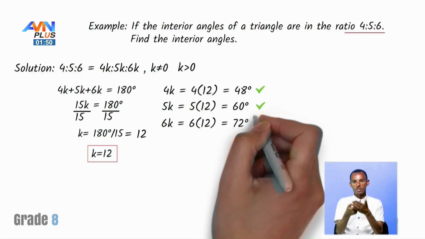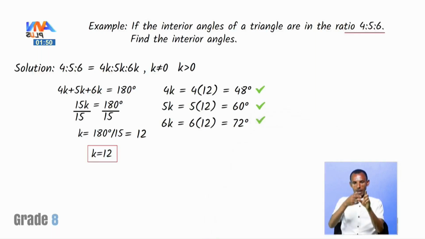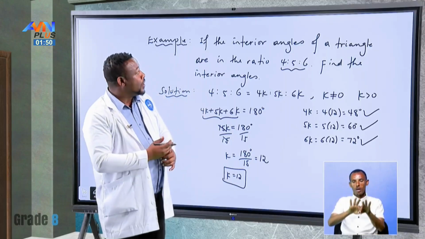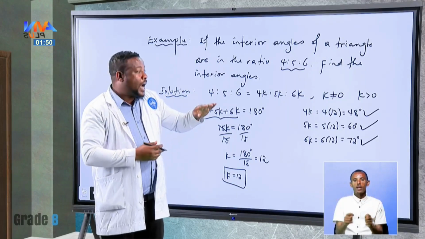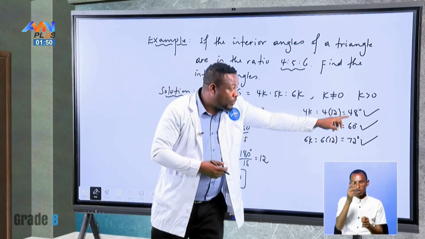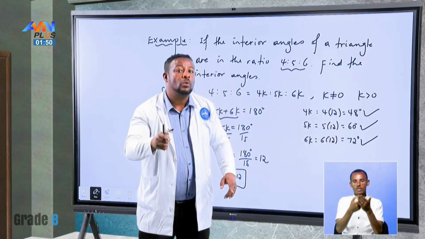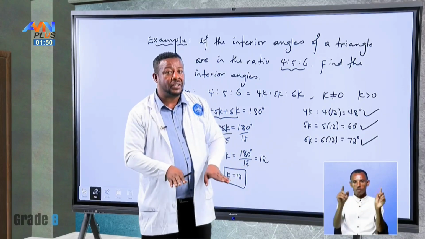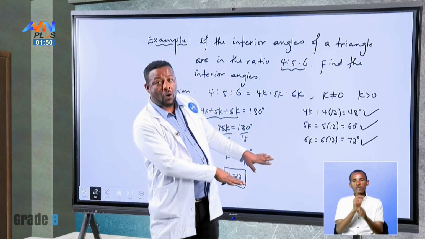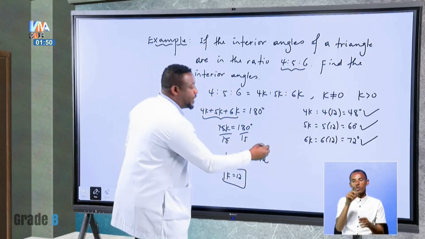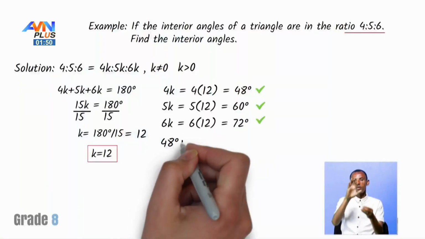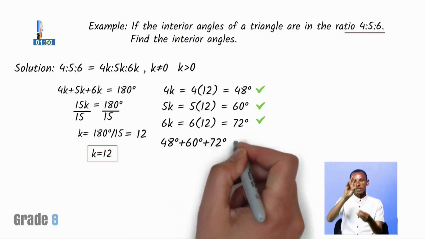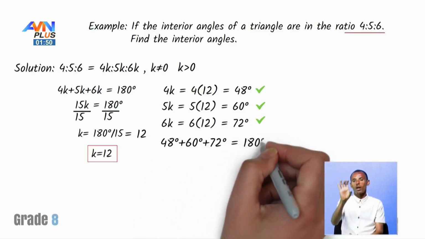These are the 3 required angles of the triangle, right? As you can check, the sum of all these 3 must be 180 degrees. If the result is different from 180 degrees, the answer is wrong. So you need to check that 48 degrees plus 60 degrees plus 72 degrees is 180 degrees, right?